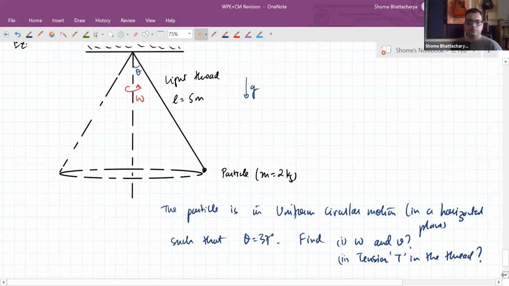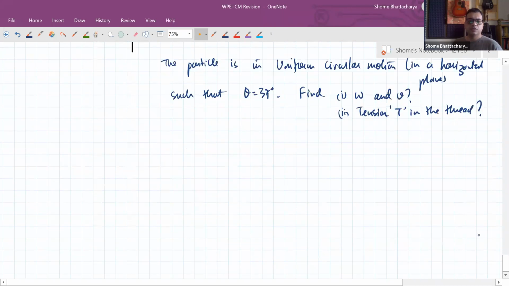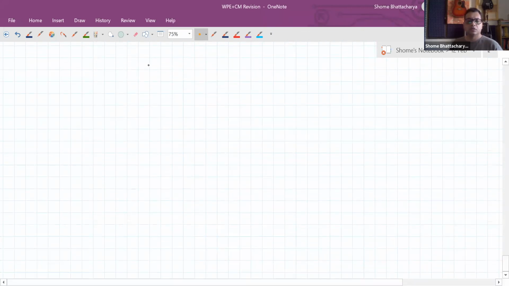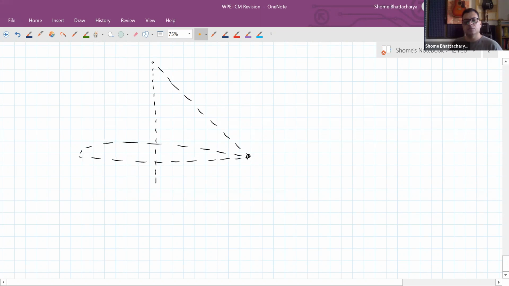So what we will do here is look at the free body diagram of the particle from the ground frame point of view. So from the ground frame point of view, what the particle is doing is it's in a circular path like this, which is a uniform circular path. So the forces acting on it are the tension in the thread and the gravitational pull that the earth is applying.